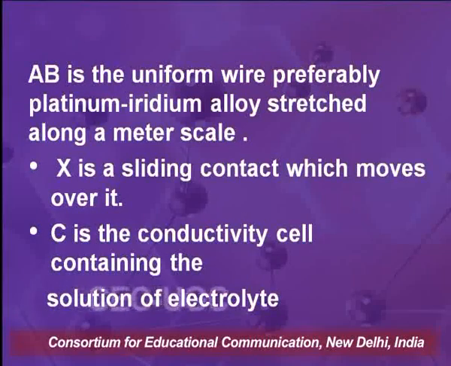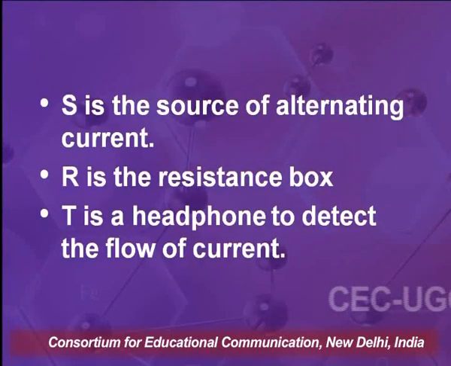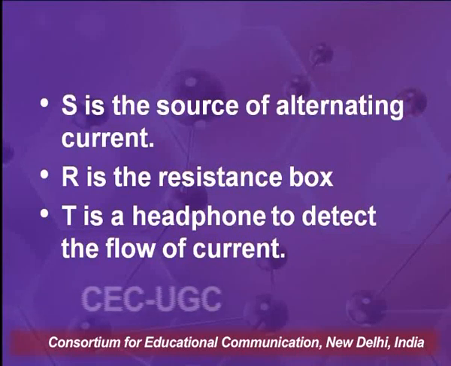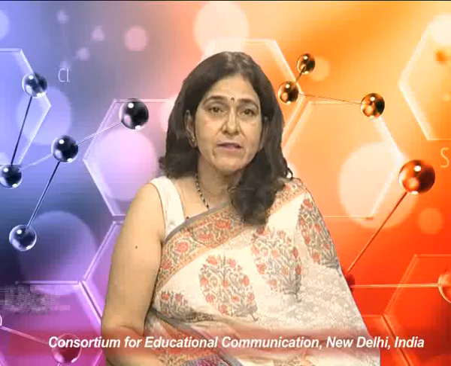AB is the uniform wire, preferably platinum iridium alloy stretched along a meter scale. X is the sliding contact which moves over it. C is the conductivity cell containing the solution of the electrolyte. S is the source of alternating current. R is the resistance box. T is the headphone to detect the flow of current.